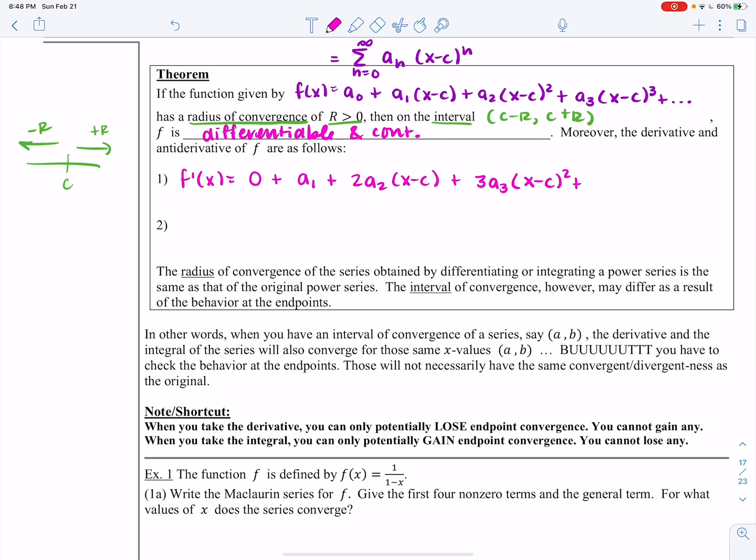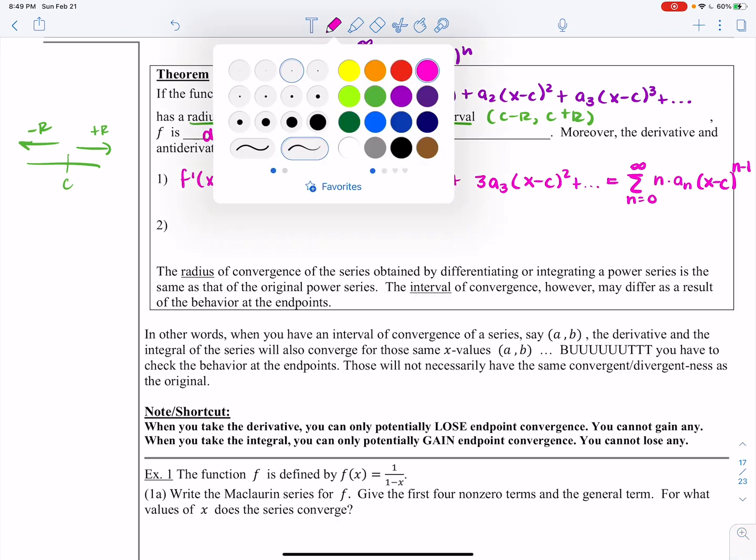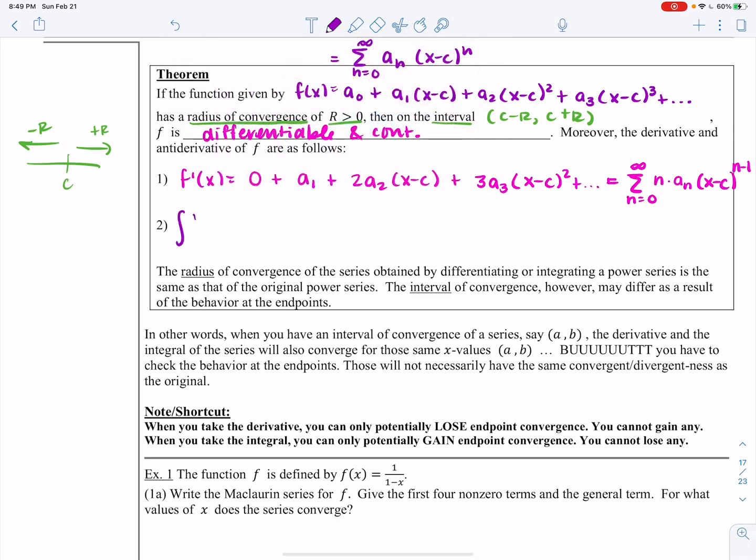And using my general term, I could even take the derivative of the general term and say it would be the sum from n equals 0 to infinity of n times a sub n x minus c to the n minus 1. While this looks scary, basically all I'm saying is I can take the derivative of a series. And I can even integrate a series.